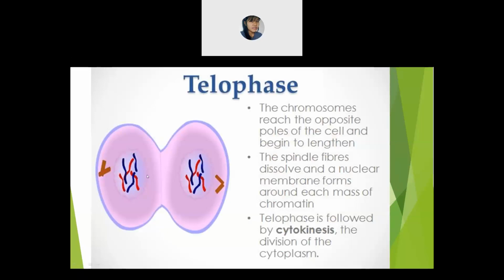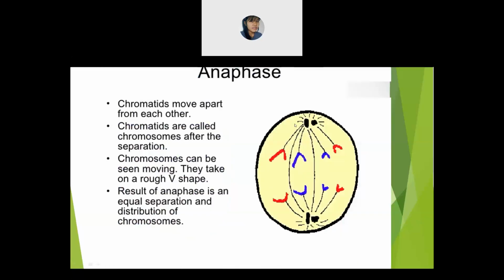The size of this cell will also begin to grow, because they want to separate. Obviously, they will stretch the cell, so the size of this will lengthen, means it will grow.